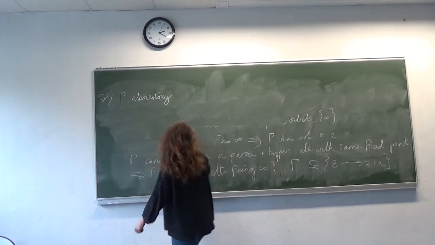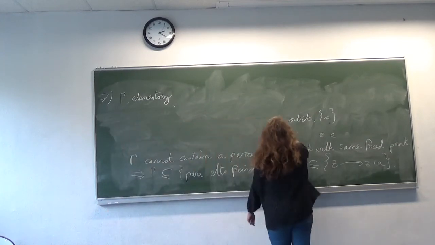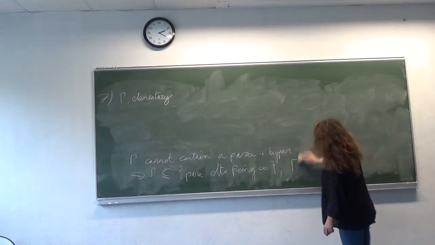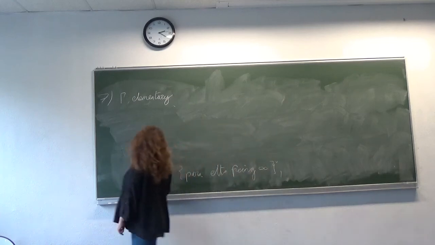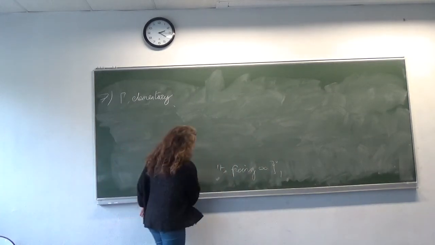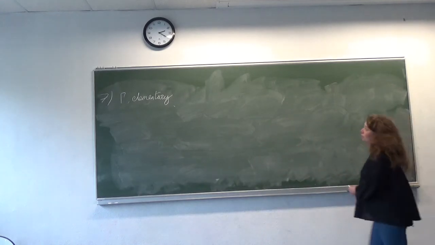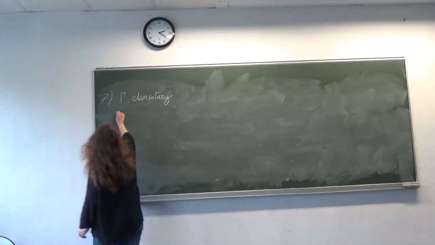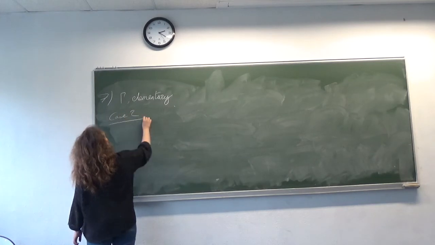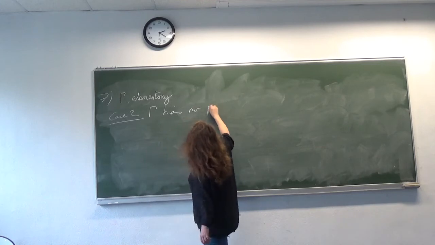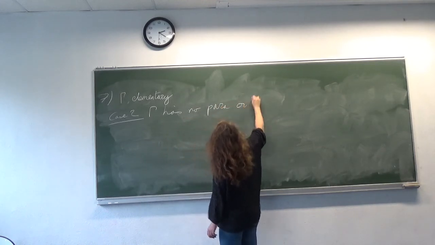Let's suppose that there aren't any. Next case is that I have no parabolic elements and no hyperbolic elements. So case 2, gamma has no parabolic or hyperbolic elements.